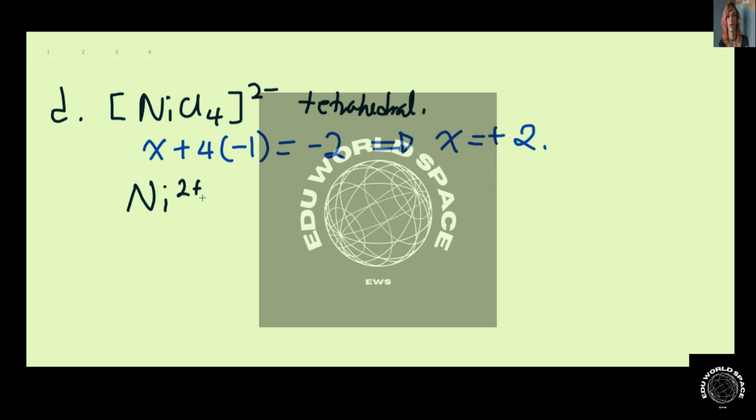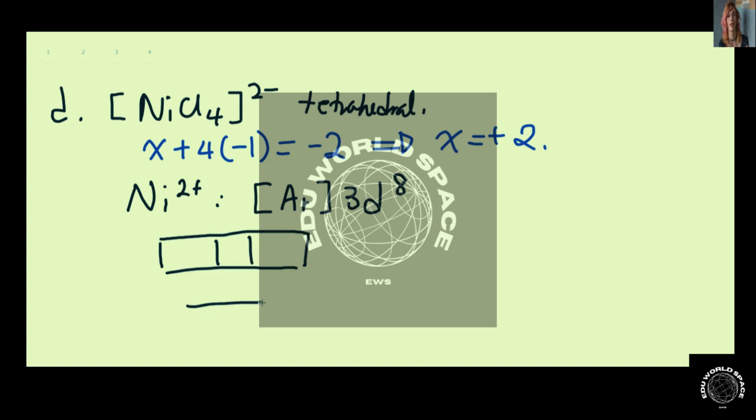So nickel 2+ will have the electron configuration [Ar] 3d8. All right, since it's a tetrahedral, the configuration will look a little different from before, and the energy is reversed.